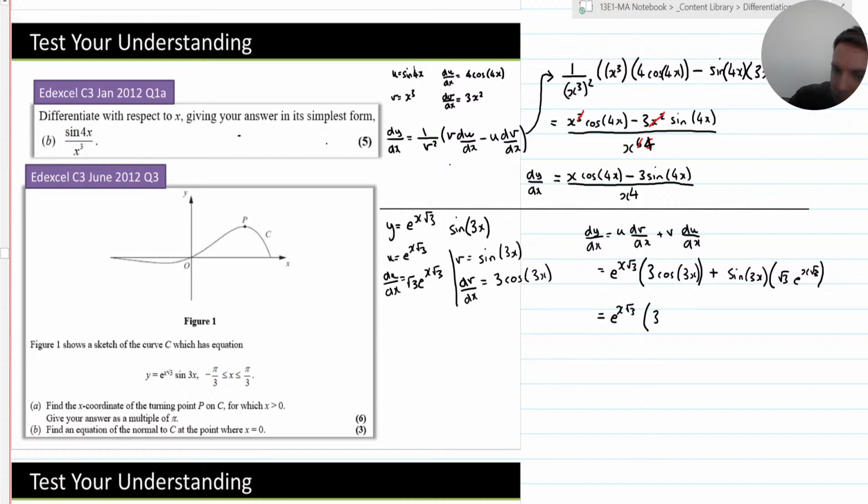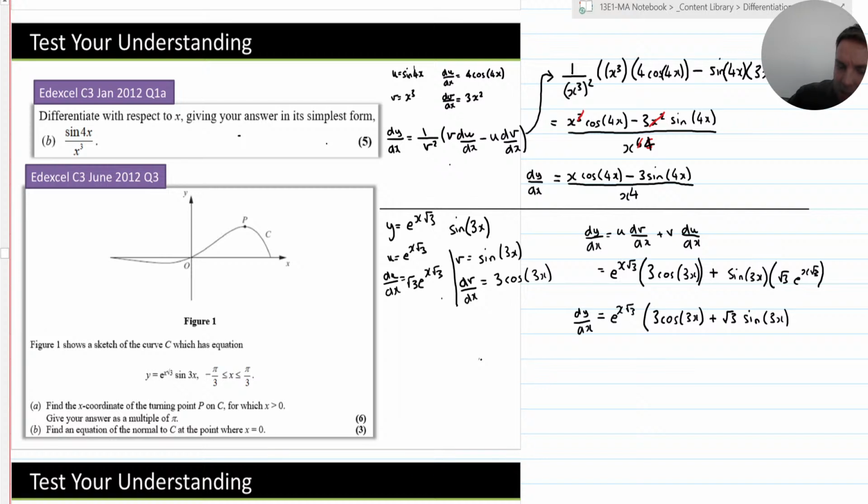I'm left with 3 cos of 3x plus, now I've taken out the e to the x root 3, but I've not taken out that root 3, so it's going to be plus root 3 sine of 3x. So this is what dy by dx is equal to.